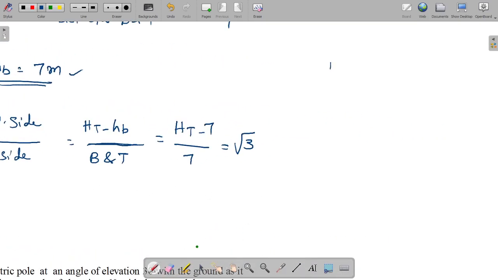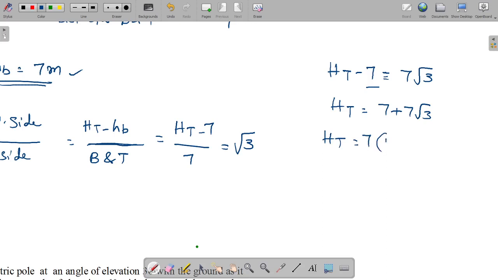So height of the tower minus 7 is equal to 7 root 3. Height of the tower is equal to 7 plus 7 root 3. Taking 7 as common, height of the tower is equal to 7 into 1 plus root 3. That is 7 times 1 plus 1.732, which becomes 2.732.